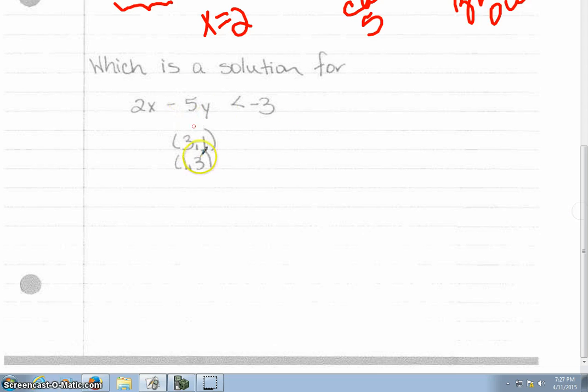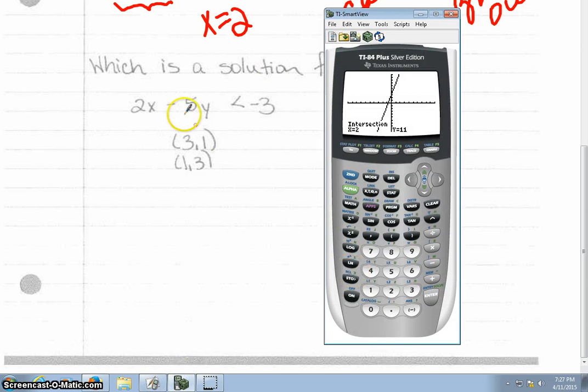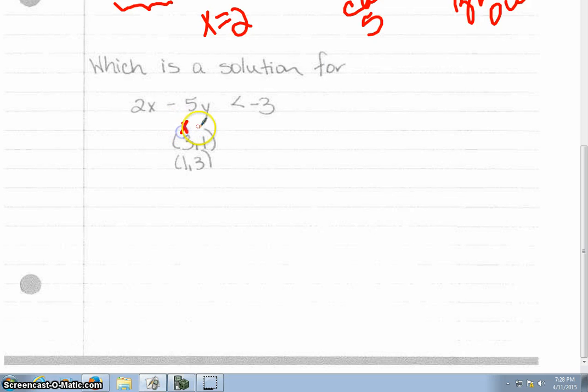All right, if they give you an inequality with choices and say which one is a solution for this, you could solve it by getting y by itself. But once again, we want the calculator to do the work for us. So you're going to remember that when you have a point, the first number is x and the second number is y. So this actually becomes 2 times 3 minus 5 times 1.